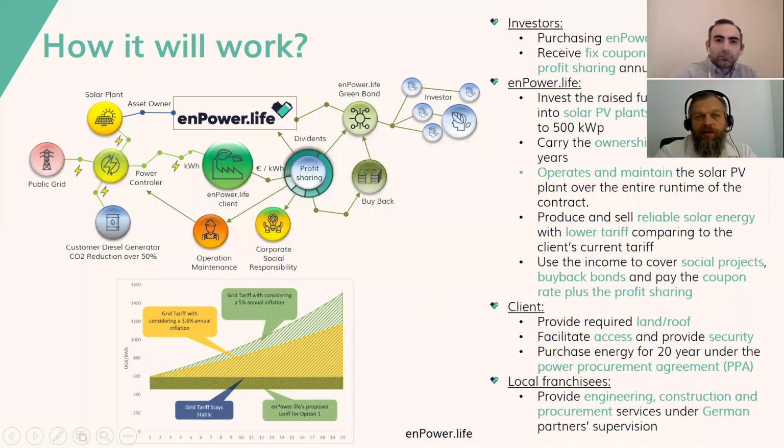We have KYC, AML and CFT. So these are know your clients, and we have some requirements about who our investors are, so that we know our clients. Okay, so these bond features are standard bond features.